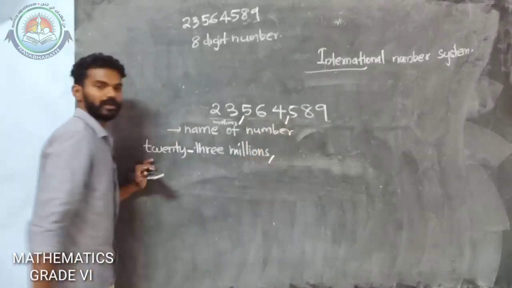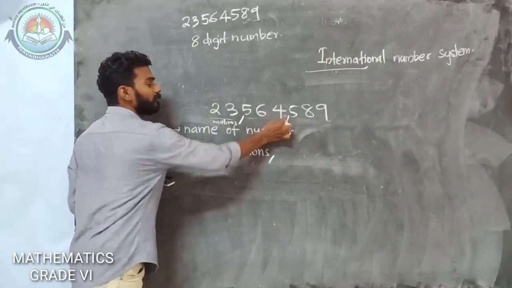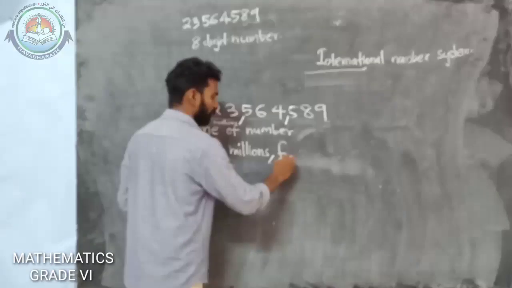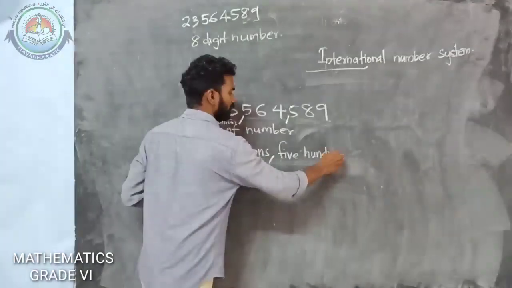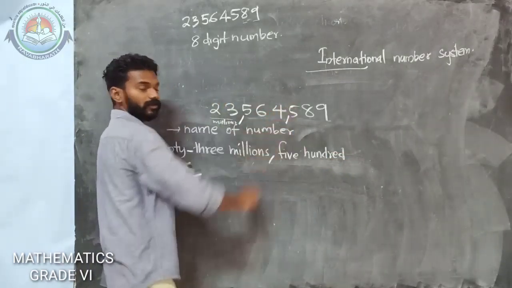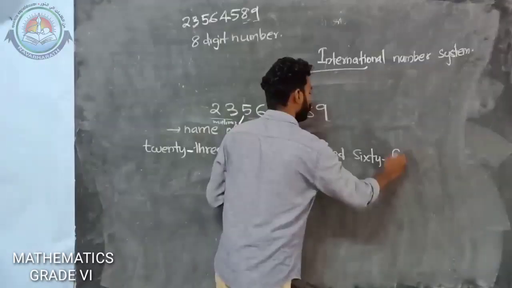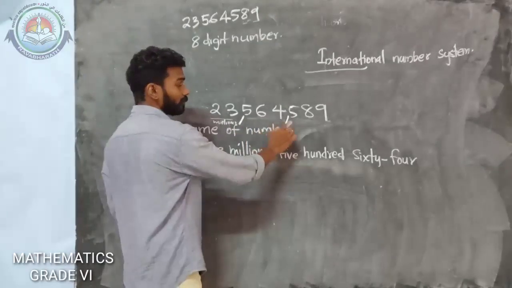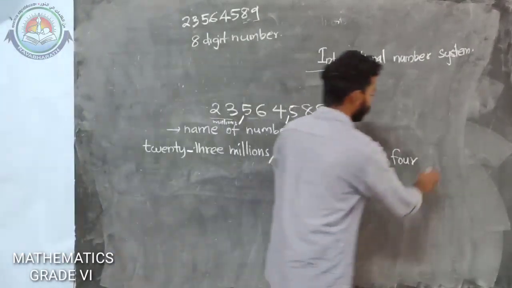How many thousands are here? 564,000. How can you write it? 500, then 60 hyphen 4. 60 hyphen 4. Which period? 64 thousands.